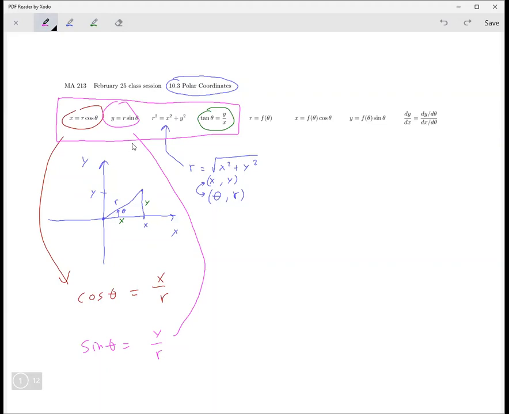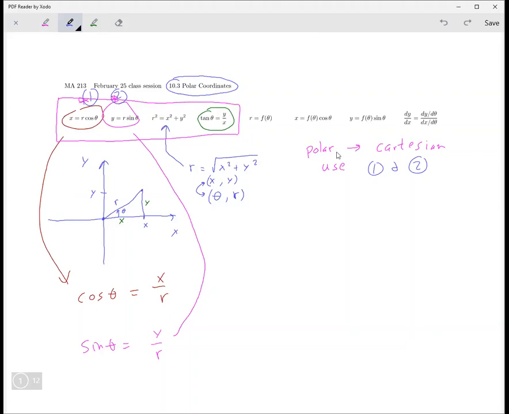So if you have polar coordinates to convert to Cartesian, you use this formula. In other words, when you're going from polar to Cartesian, you use these two formulas, which maybe I can label 1 and 2.